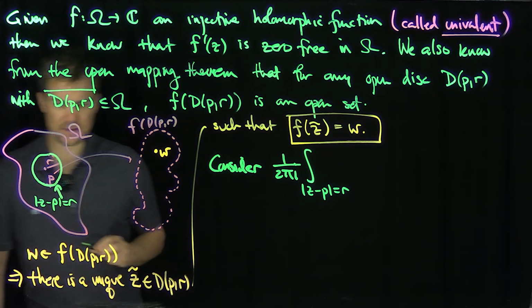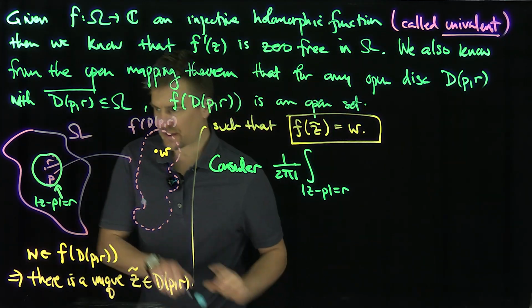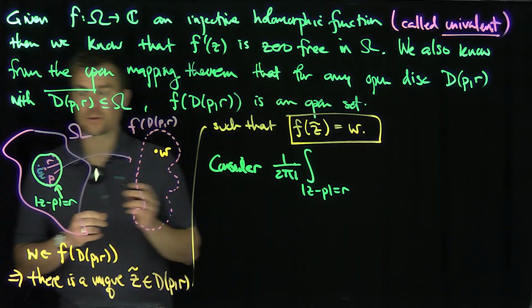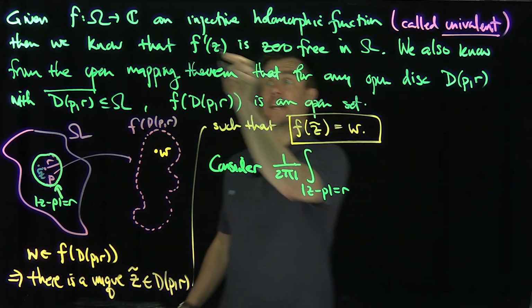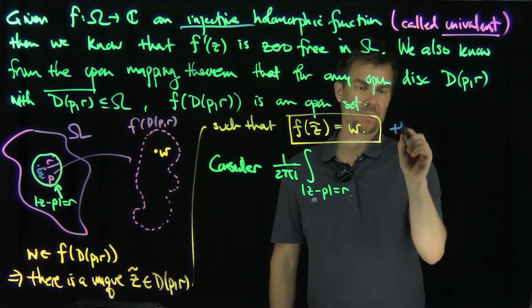That's that circle over there. And where does our z tilde reside? Our z tilde is somewhere over here, and there's only one point by the fact that f is an injective function. So this is the only z tilde that works.